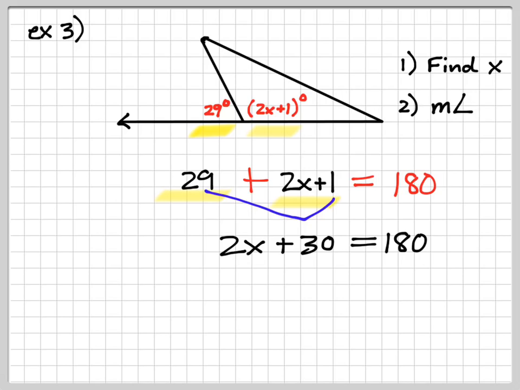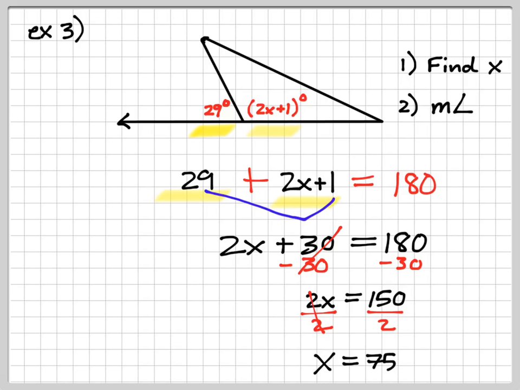This is two-step algebra. Everybody at this point should be pretty good at two-step algebra. Step 1 would be to subtract 30 from both sides, and I get 2x equals 150. Step 2, divide both sides by 2, and my final answer is x equals 75.